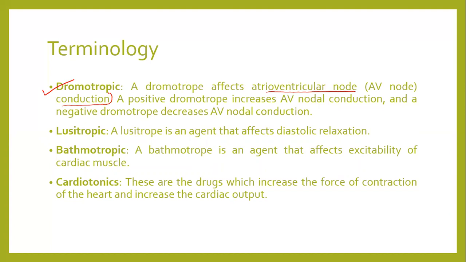Positive dromotropes increase the AV nodal conduction, and negative dromotropes decrease the AV nodal conduction. Now you should be able to correlate this terminology with that of the antiarrhythmic drugs. Some of the antiarrhythmic drugs reduce the conduction velocity or conduction through the AV node, and such drugs we can call negative dromotropic drugs.